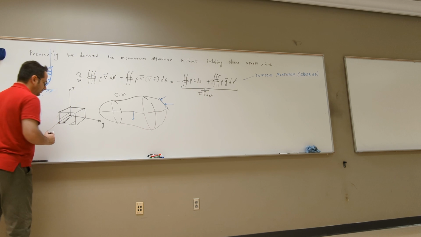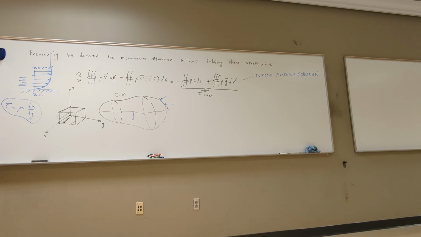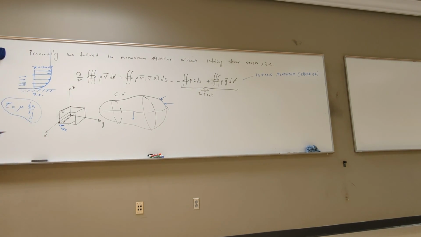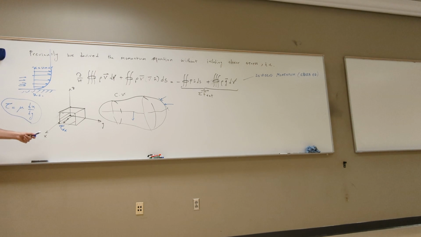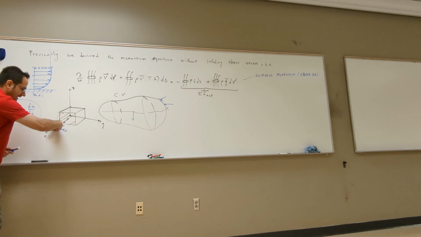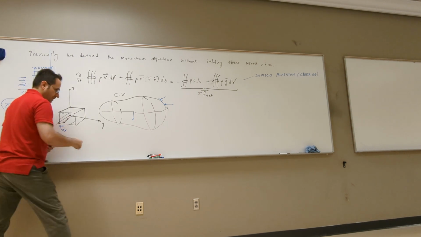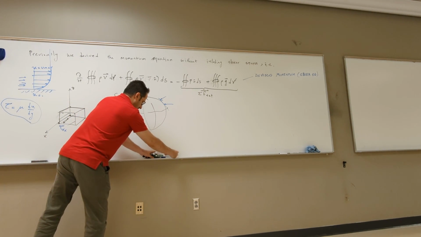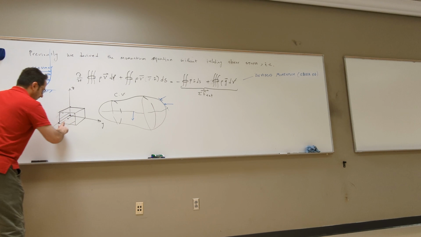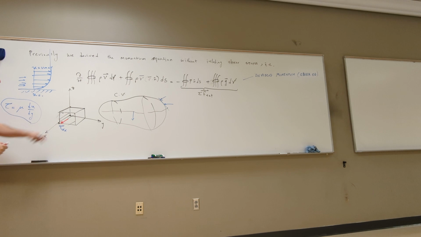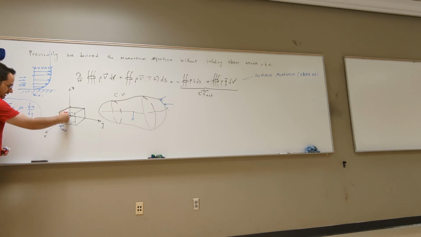One is called the normal stress. Let's show that as tau sub xx. That means tau in the x-plane in the x direction. So this is tau xx, this way. So the stress in the x-plane, in the x direction.